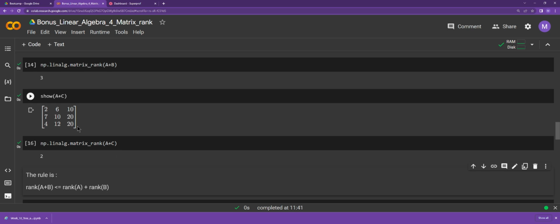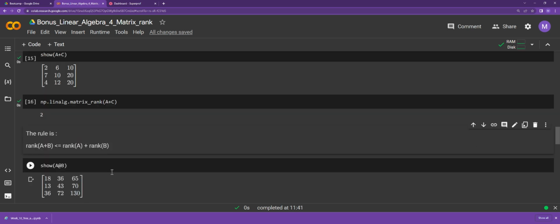So there seems to be a rule here: the rank of two matrices added together will always be less than or equal to the sum of the rank of A and the rank of B. It cannot be above that, so you can't have more rank once you add these together.